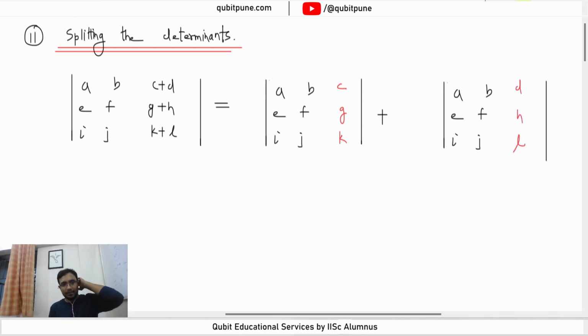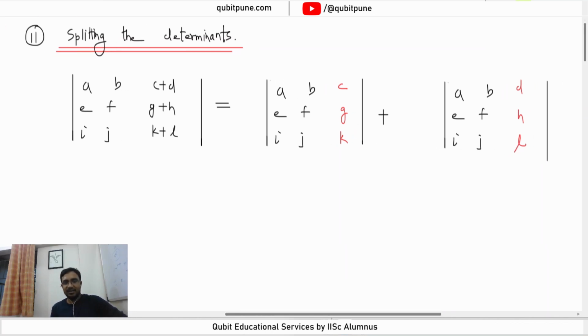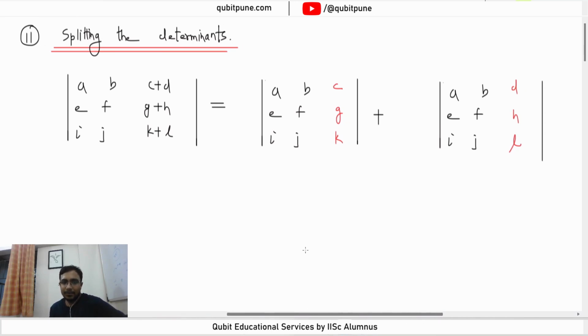Is that clear? Fine. So knowing these properties and having a fair bit of understanding of other topics from mathematics, let's say functions or trigonometry, occasionally vectors or differential equations, we can solve problems on determinants.